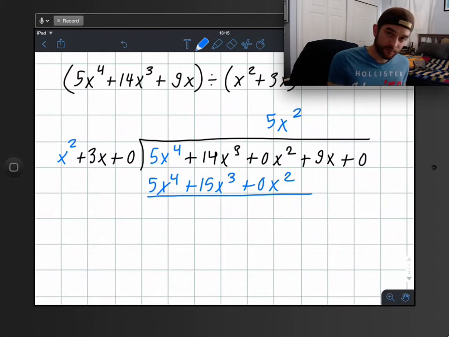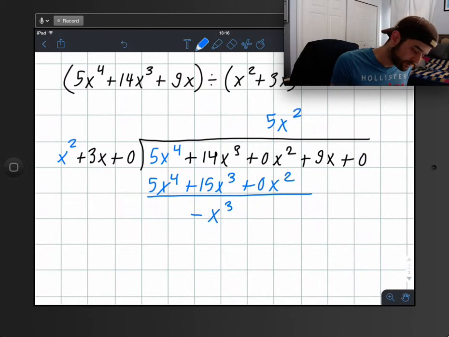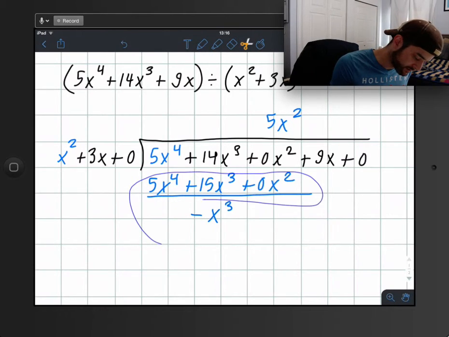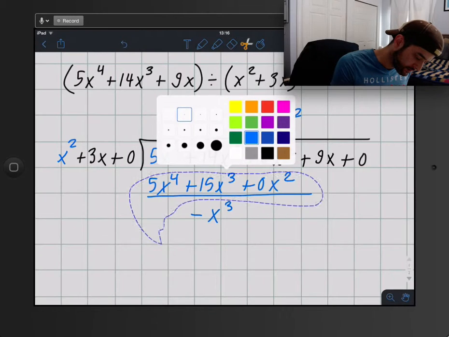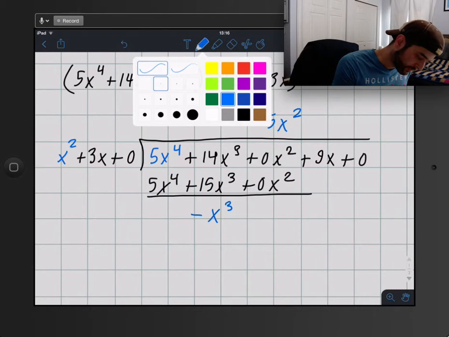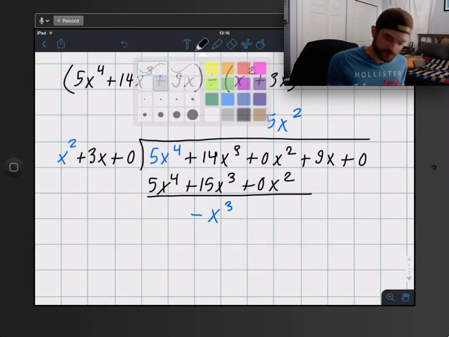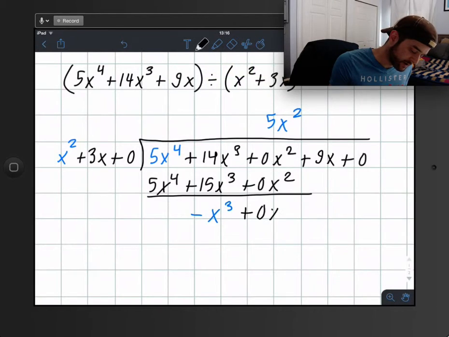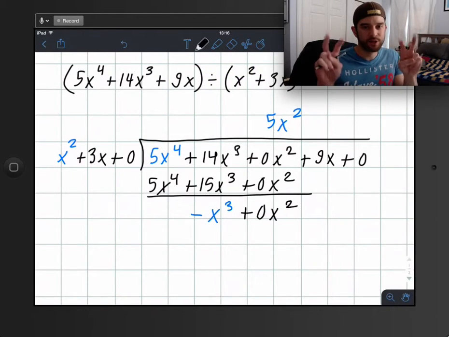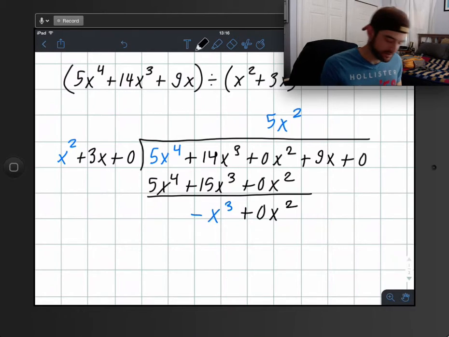The 5x to the fourths subtract away. 14x cubed minus 15x cubed is negative x cubed. And the 0x squared also becomes 0x squared. And again, it should be 0, but I'm going to keep the x squared there as a placeholder.